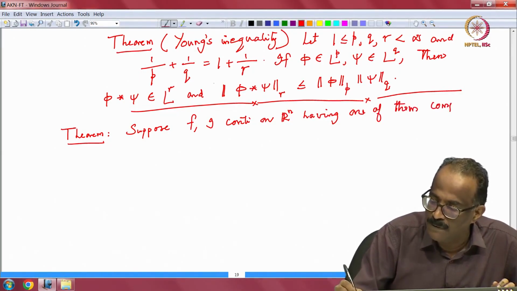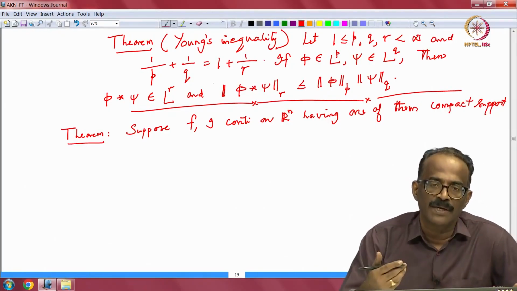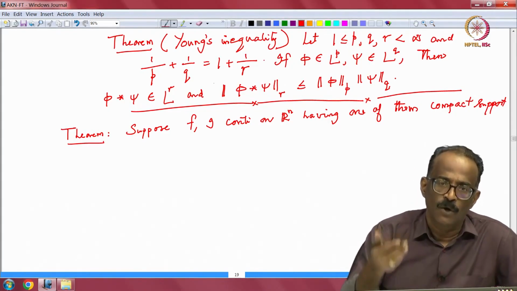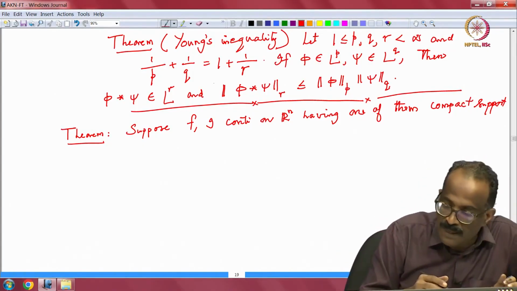Then you know that phi star psi is already defined, which we already told you. Because it is continuous, the integral is only of a continuous function on a compact set, and hence it is well defined.